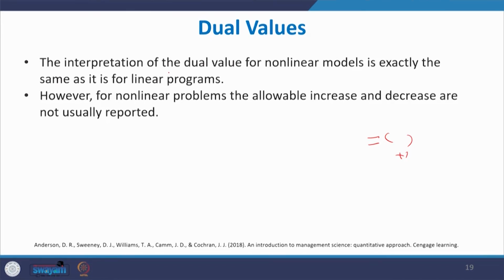The interpretation of dual value for a nonlinear model is exactly the same as it is for linear programs. However, in nonlinear problems the allowable increase and decrease for a right hand side constraint are not usually reported in the software outputs.